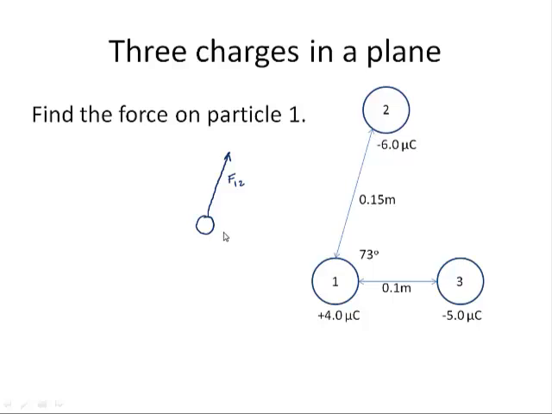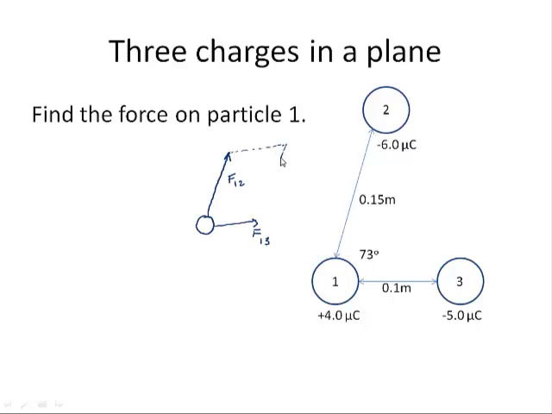Then, using this principle of superposition again, we're going to look at the interaction between 1 and 3. That, again, is an attractive force. So the force on particle 1 due to particle 3 is going to be to the right. In order to find the net force, we're going to have to add these two vectors with components.